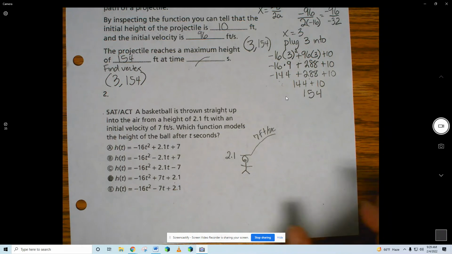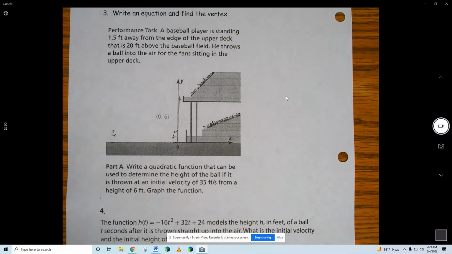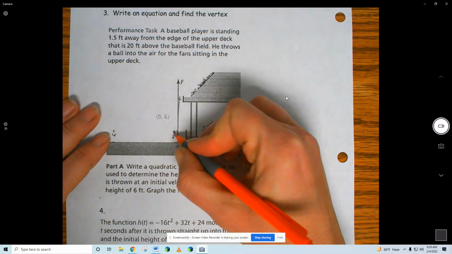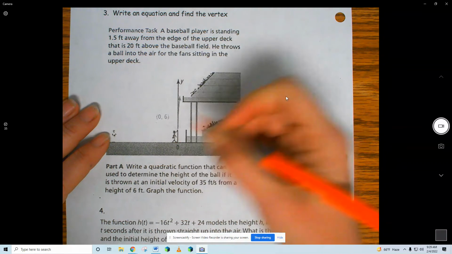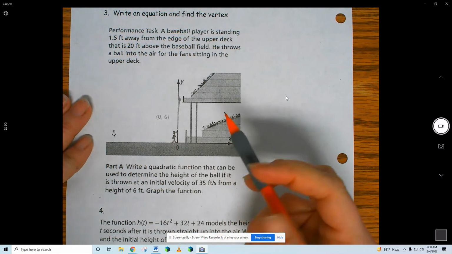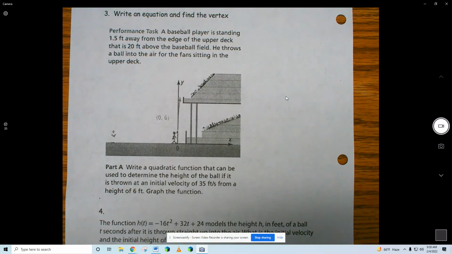Okay, here we go. 2 more. A basketball player, which, by the way, this is him. There's the basketball player. Is standing 1.4 feet away from the upper deck.